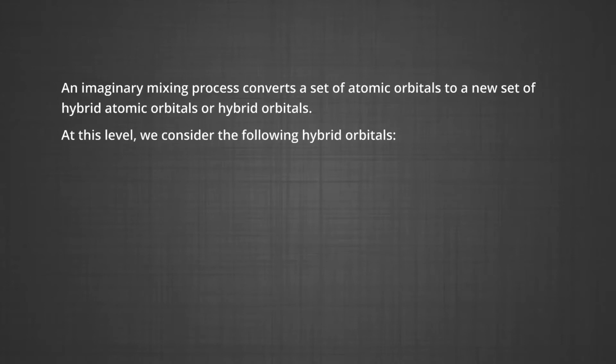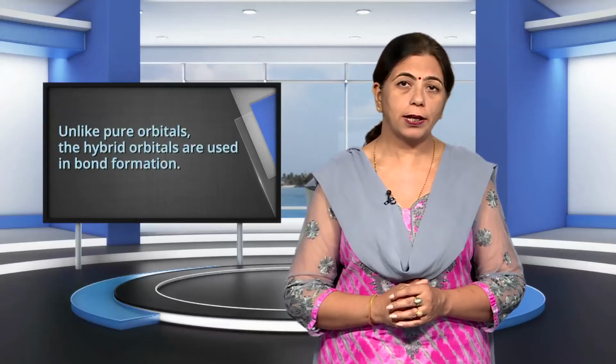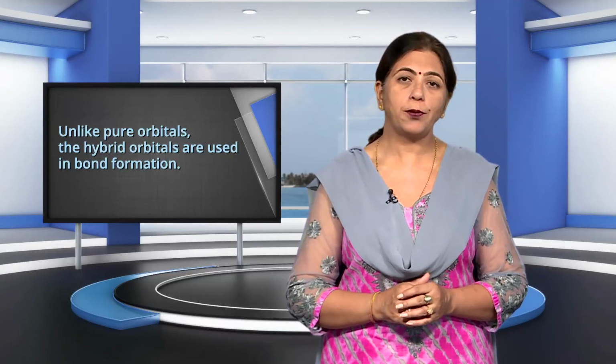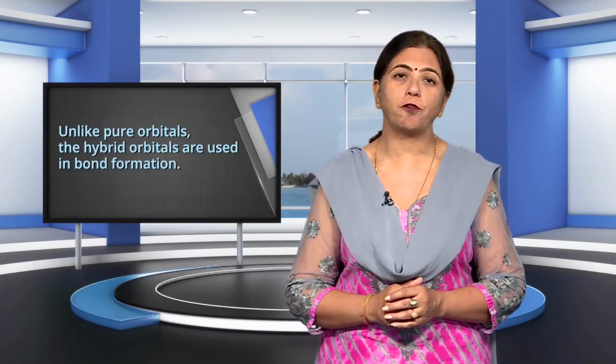At this level, we consider the following hybrid orbitals: sp, sp2, sp3, sp3d and sp3d2. Unlike pure orbitals, the hybrid orbitals are used in bond formation.